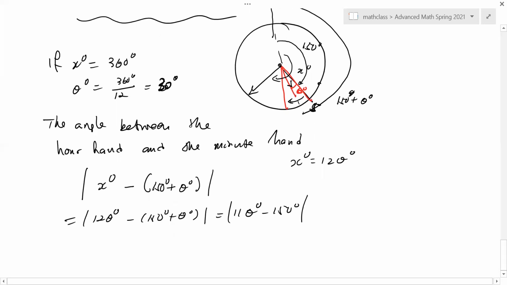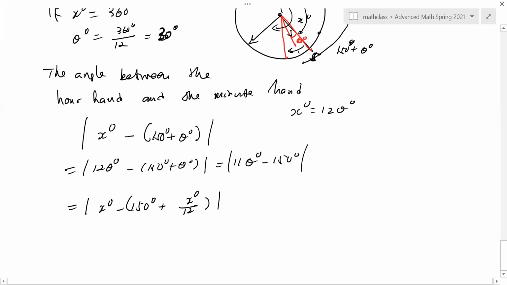Change it to X, then this is going to be X naught minus 150 degree plus, okay. So you will get 11 over 12. Okay, so that is the formula.